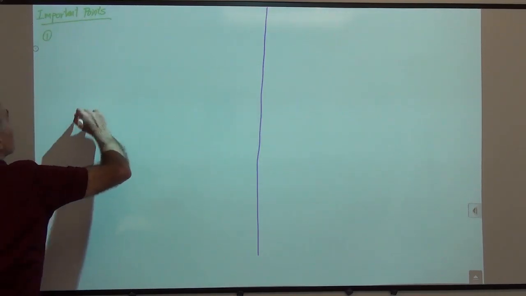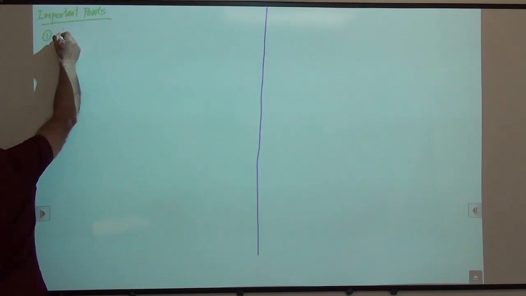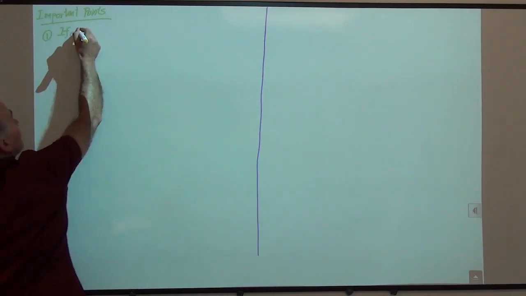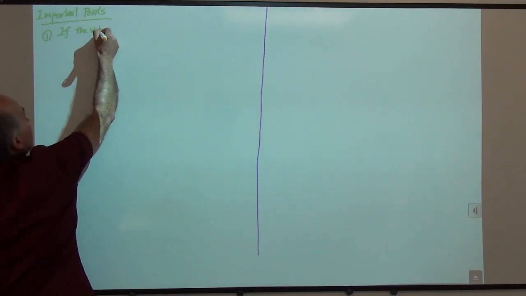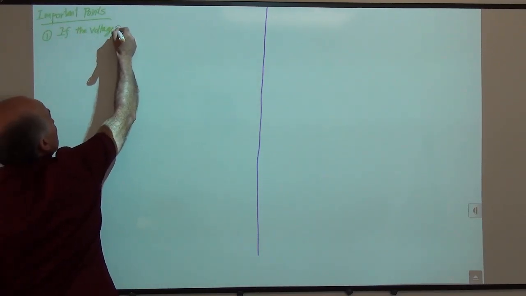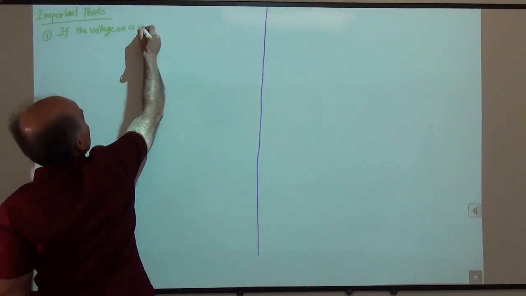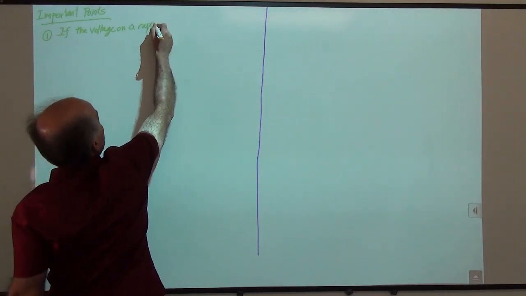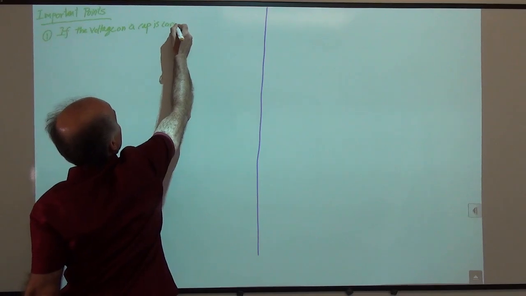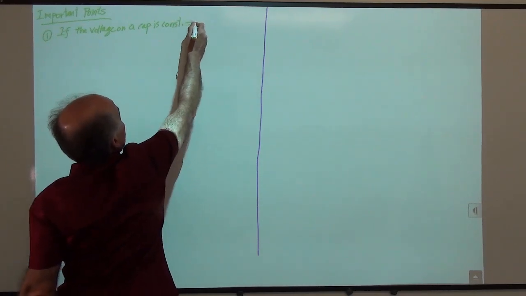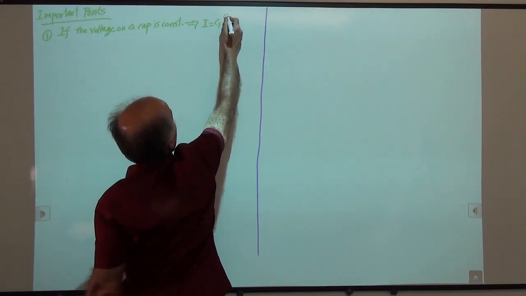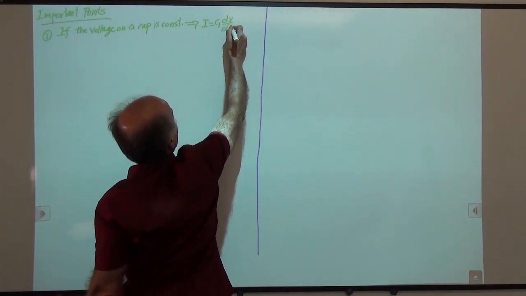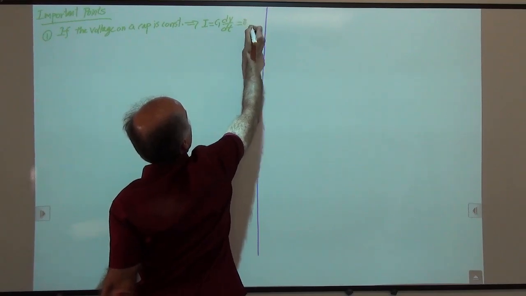Number one, what we see is that if the voltage on a cap is constant, then the current, which is C1 dV over dt, is 0.